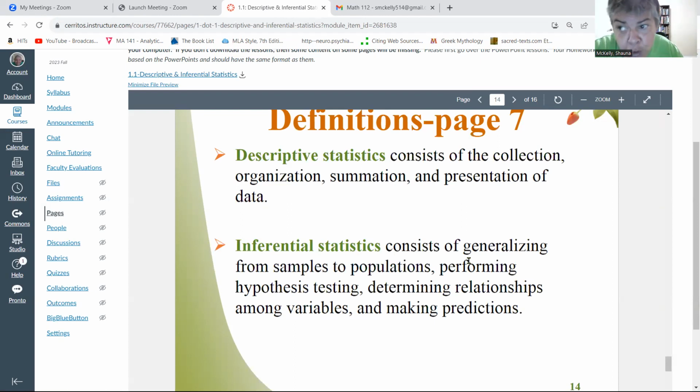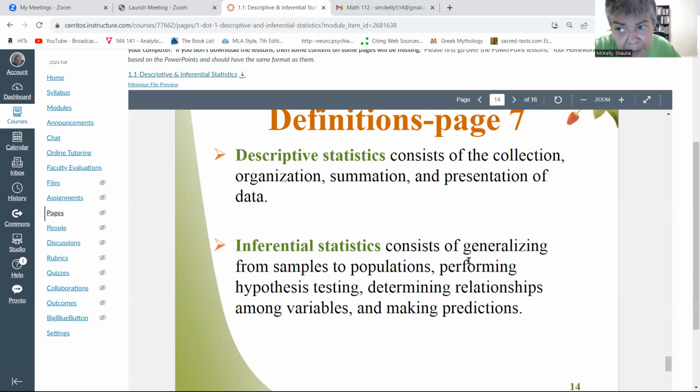So when we get to chapter 7, chapter 8 primarily, but there's some in chapter 7 as well, the second half of the course, we'll be dealing with inferential statistics. We number crunch the data, and then we draw some conclusions.